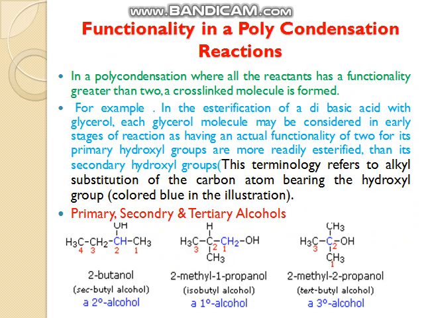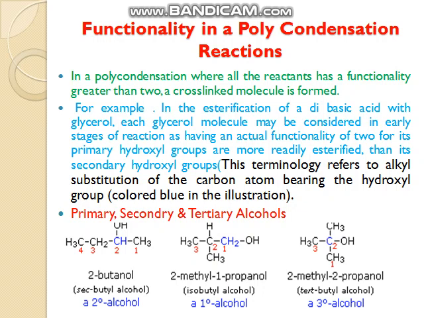Now we will discuss functionality in a polycondensation reaction. Actually, we will see what happens in a polycondensation reaction. In a polycondensation where all the reactants have a functionality greater than 2, a cross-linked molecule is formed.